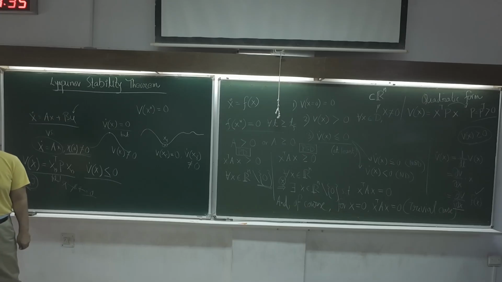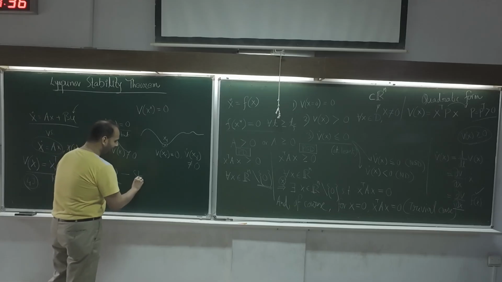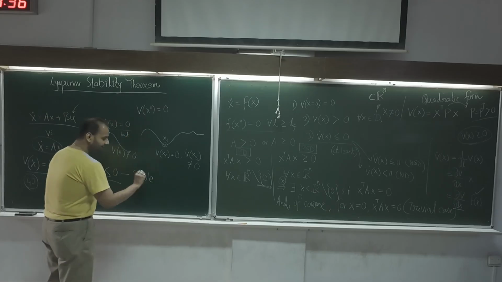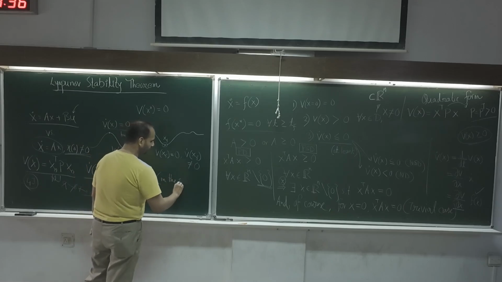It means your internal energy is either decreasing or after some time it has remained constant, but at least it is not increasing, right? So if the energy doesn't increase, what is that case? Marginally stable, right? So if it is 0, then we call that kind of system just stable in the sense of Lyapunov.